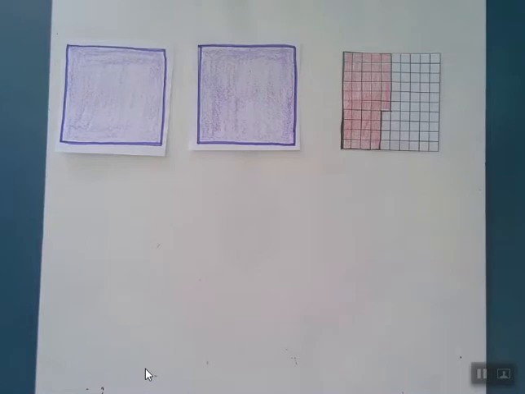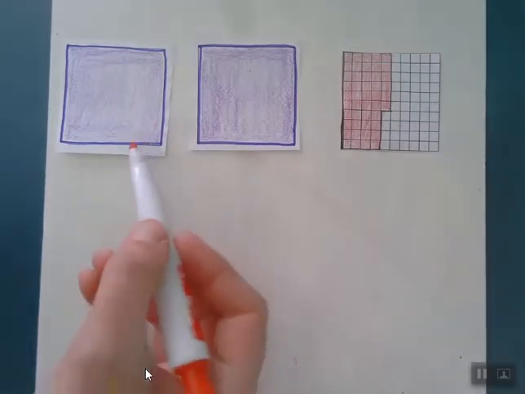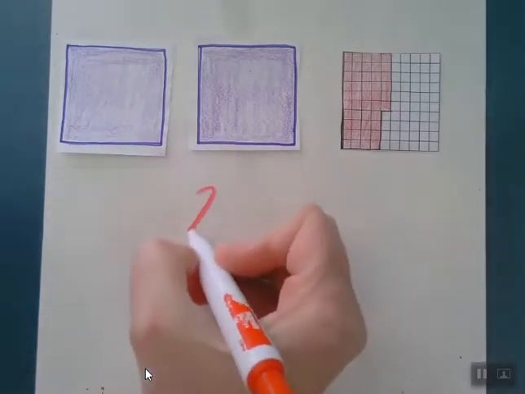Try this one. Count your whole number, decimal point, how many place values do you need to put digits in, and what is the value of this model? Here we go. I have 2 wholes.